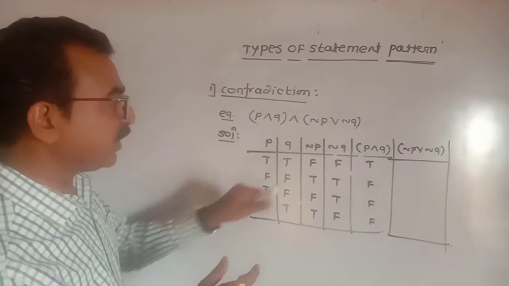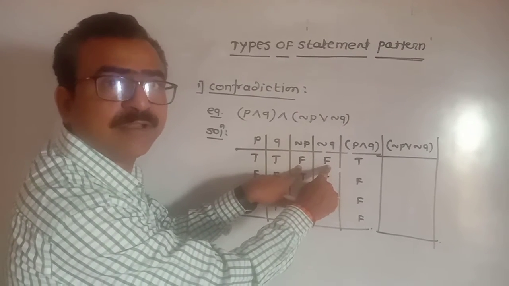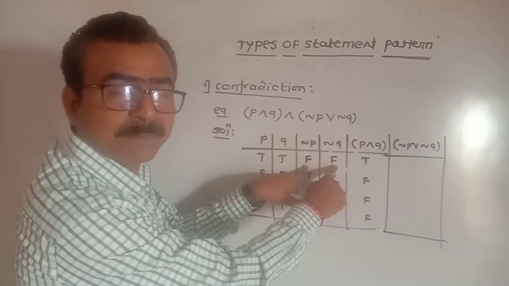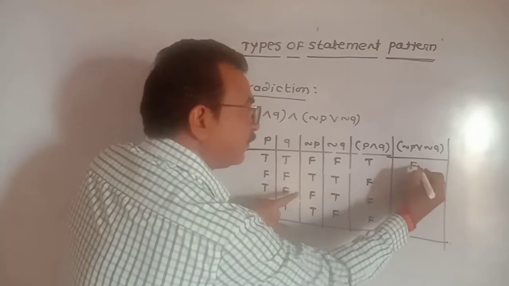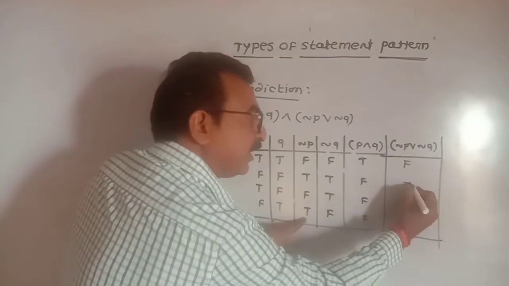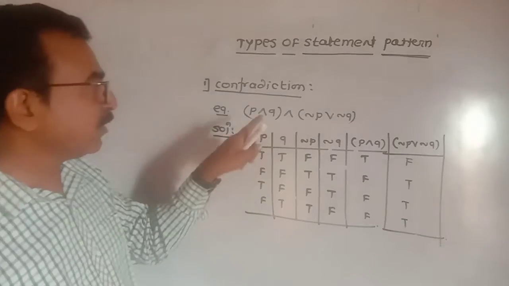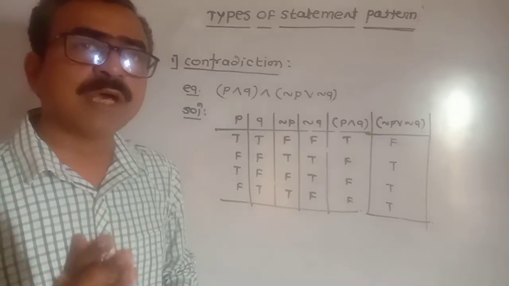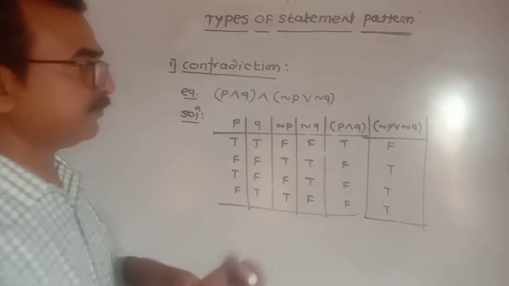In case of disjunction, you know that when both statements are false, their disjunction is false. That means only when it is FF, write down F. FF, write F; in the remaining places, write down T. In this way you can solve the first bracket and the second bracket. Now solve the conjunction of these two simple brackets.